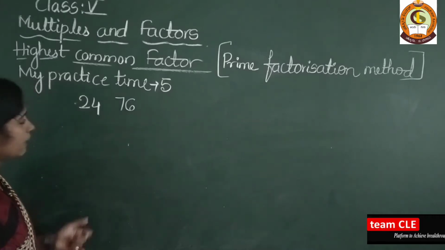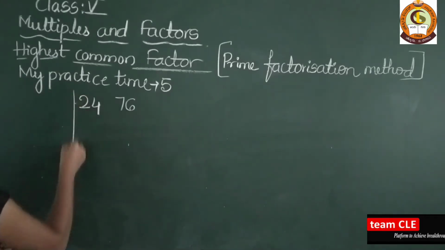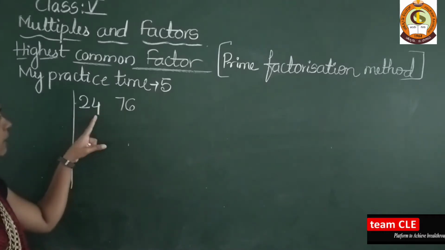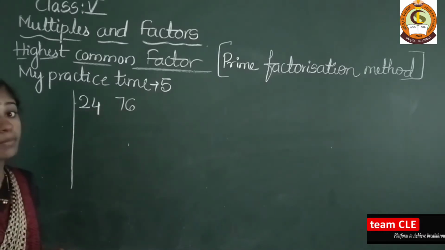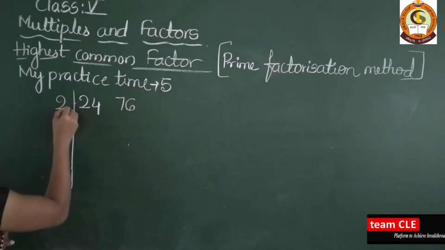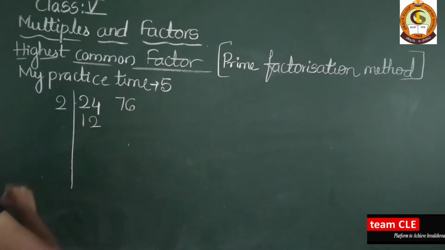So here I will take this example and I will go with 2. See here, 24 ends with 4 and 76 ends with 6, means those numbers are divisible by 2. So take 2: 2 ones are 2, 2 twos are 4.